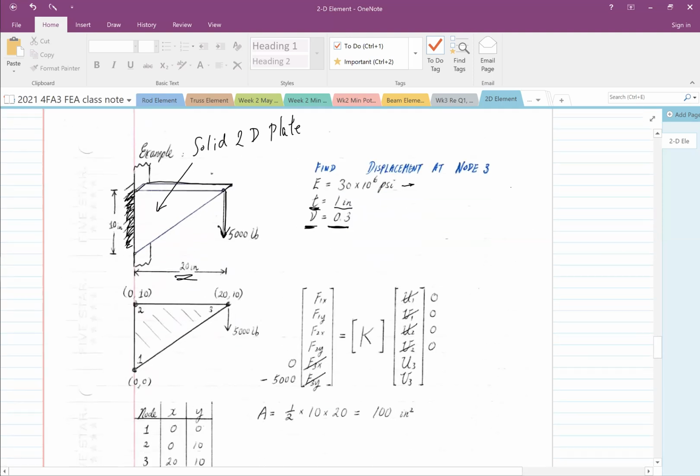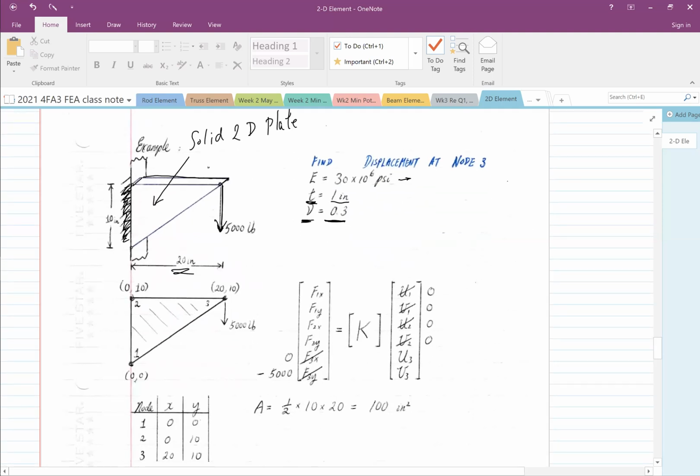When we see a problem like that, the first step is to name things, give them notes. This is an element. In this case there's only one element, so I don't have to say this is element number 1. Save some time. If we have more than one element, then we name them.